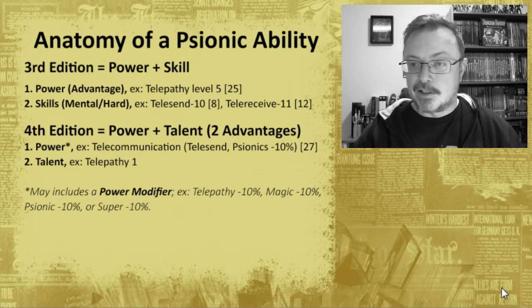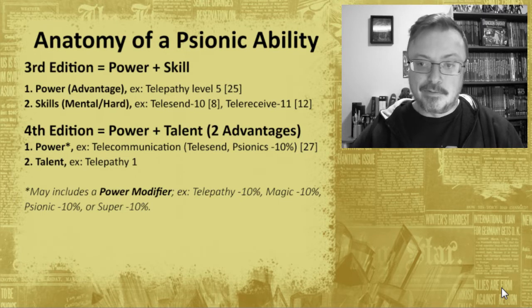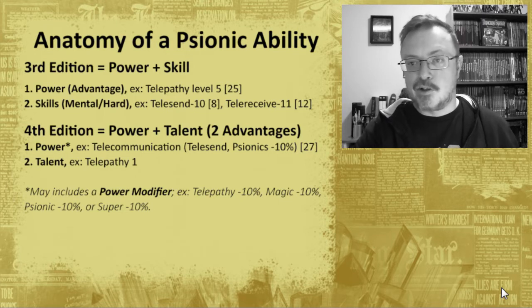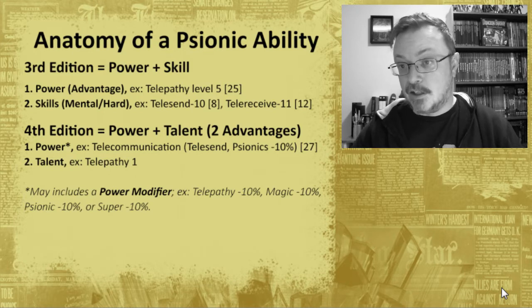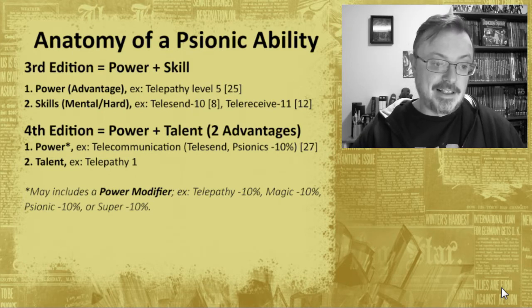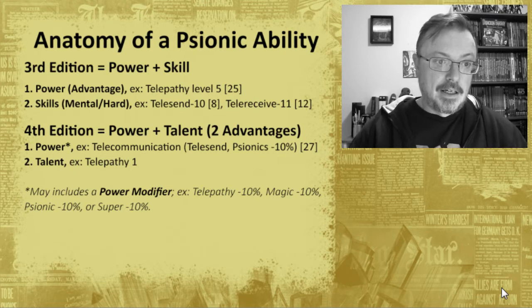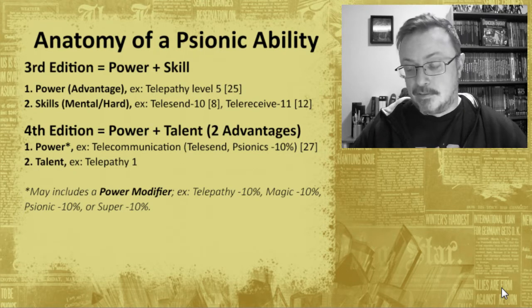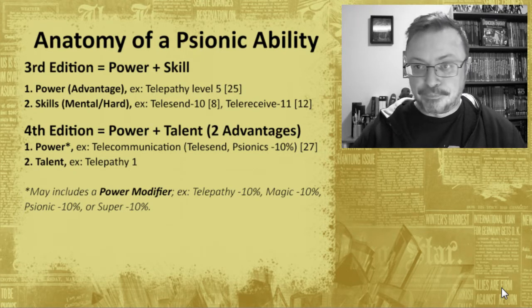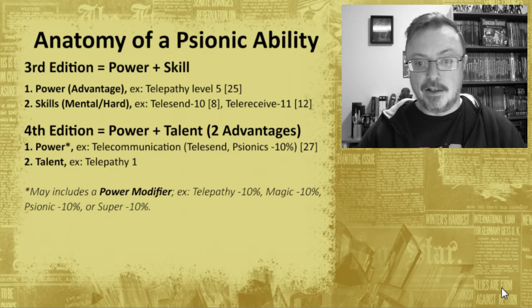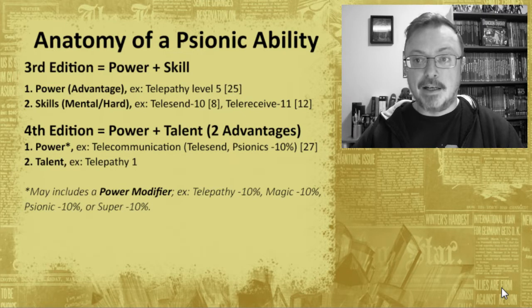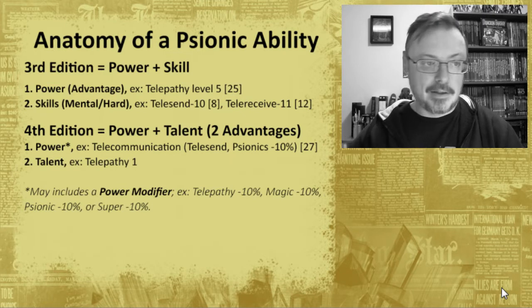But basically, there's the third edition way of doing it and the fourth edition way. In third edition, you buy a power, an advantage, which is in levels, and then you buy skills to use that power. That's the third edition way, and that's the new Psionic Powers line way of doing it.